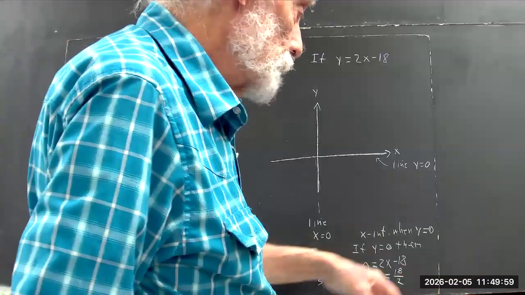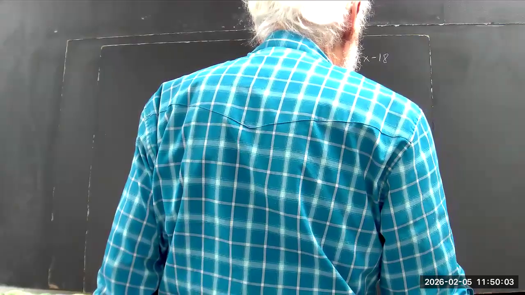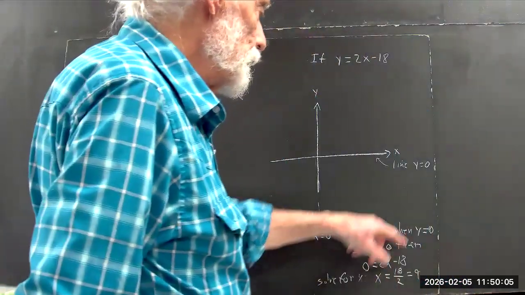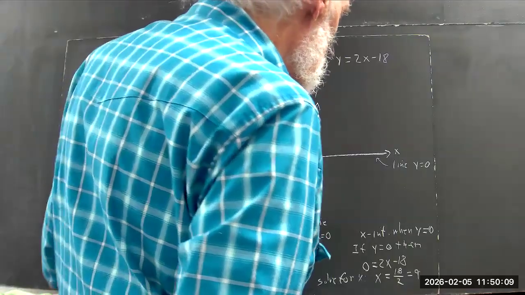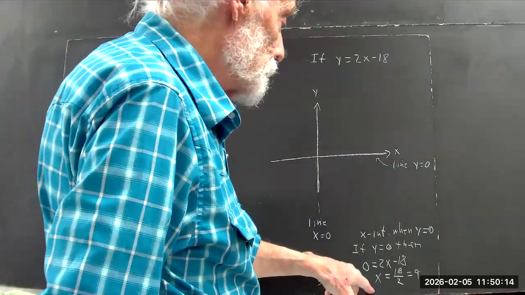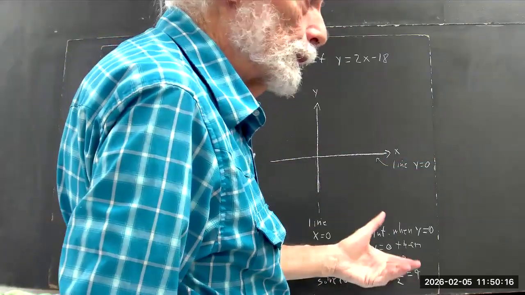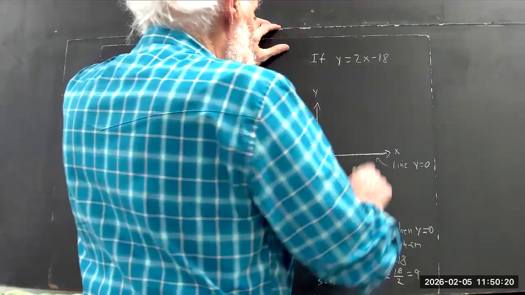You're going to get x equals 18 over 2 equals 9. Now that's what happens if y equals 0. Well, y equals 0 on the x-axis. So x is going to equal 9 when y equals 0. That gives us the point 9, 0.